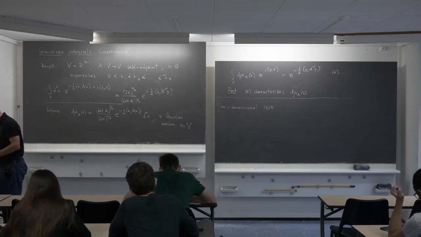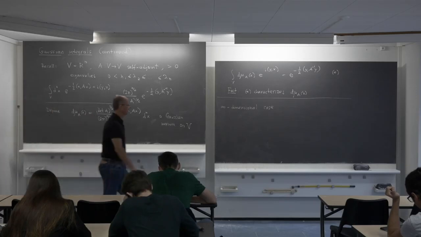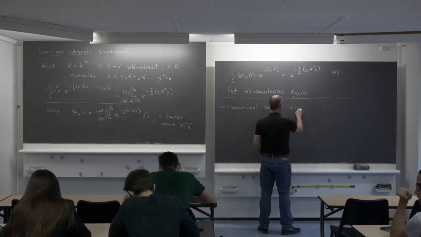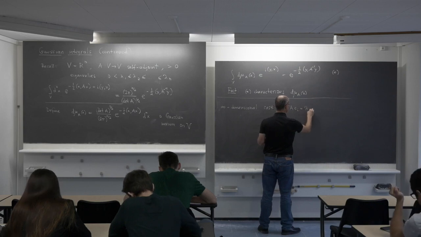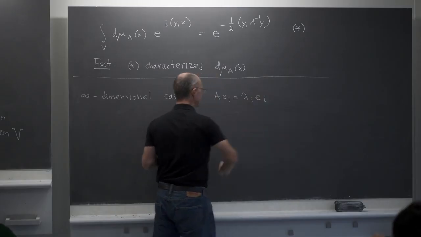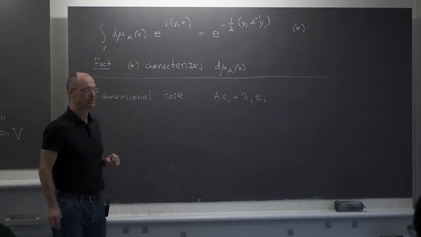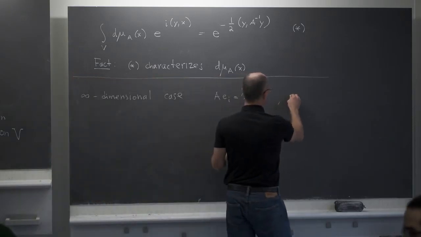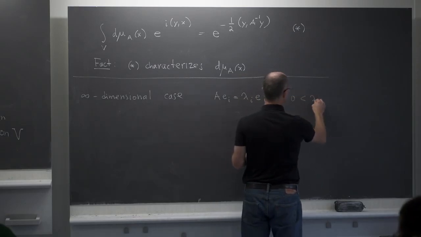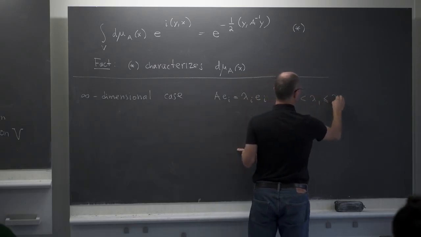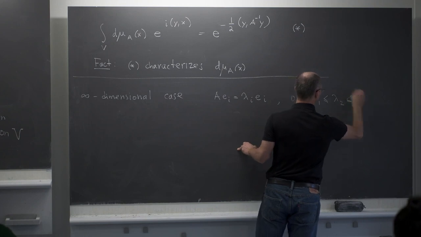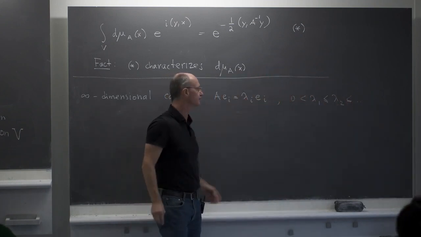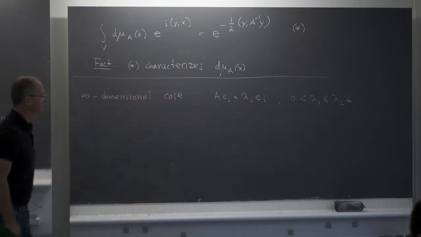So I now assume that A is an operator with a basis of eigenvectors in an infinite dimensional space. I still assume that all the eigenvalues are positive and possibly growing, or maybe not growing that much. At the moment, it doesn't matter.